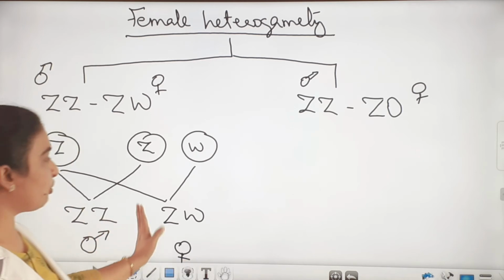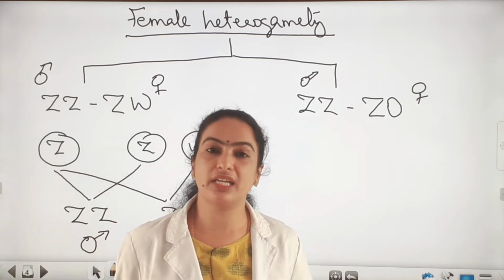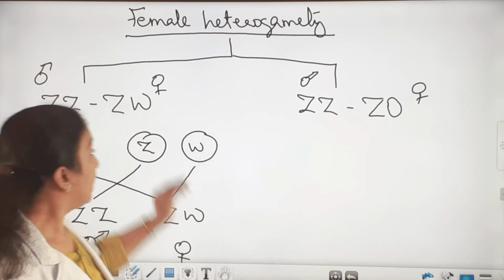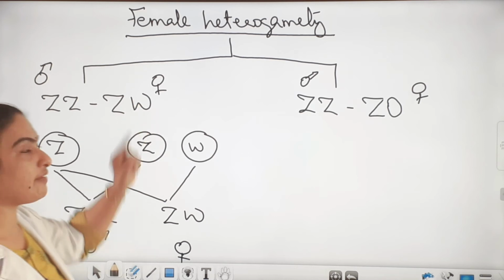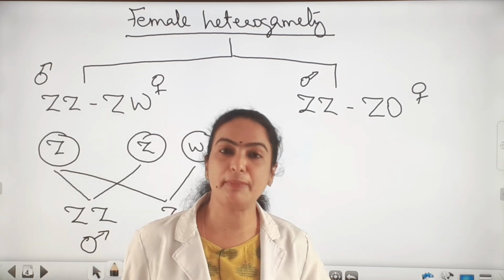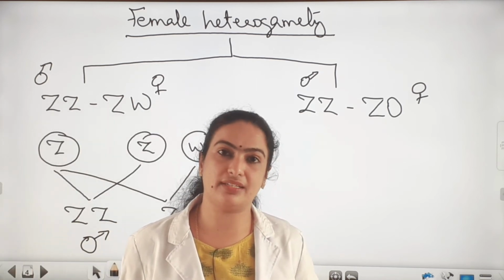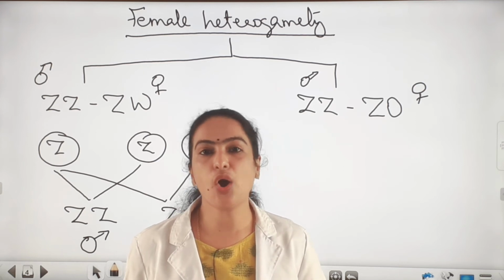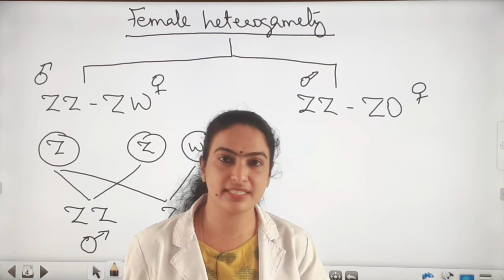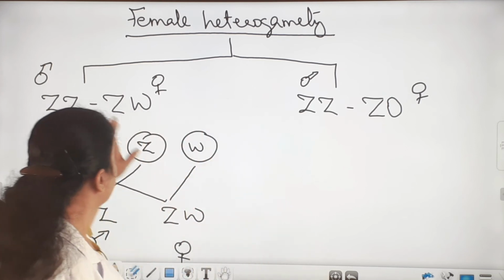So here also the sex of the offspring is determined by the parent who is having heterozygosity. Which parent is having heterozygosity here? The female parent is having heterozygosity here. So the female is determining the sex of the offspring here. Is it clear?